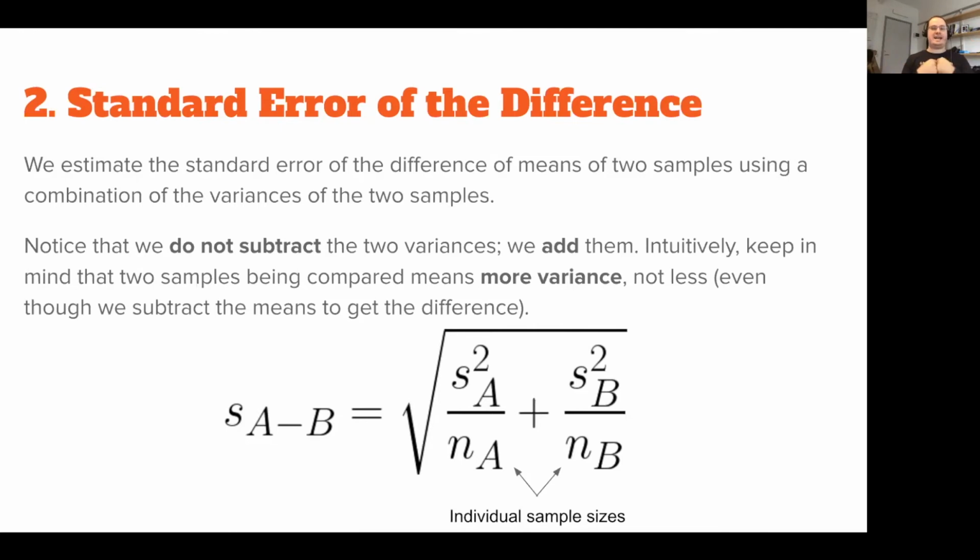You don't have less error or less variance in your data because you've subtracted these two values, right? Actually, you have more, because again, you have two separate sources of variance that are being merged into almost one big data set, where these two things are interacting with each other.